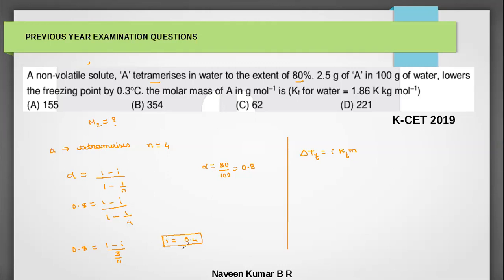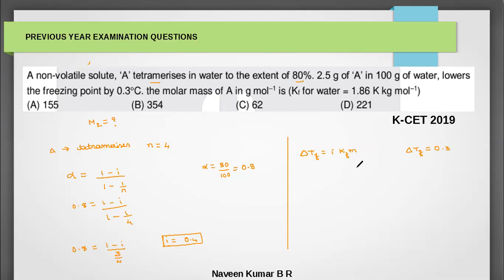Now, with the i value, we'll go with the depression of freezing point. They have given that it lowers the freezing point by 0.3 degrees Celsius. Hence, the depression of freezing point is 0.3 degrees Celsius. In the Kelvin scale also the difference will be the same, 0.3.